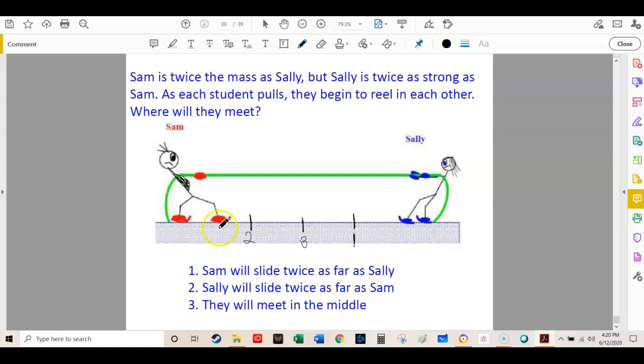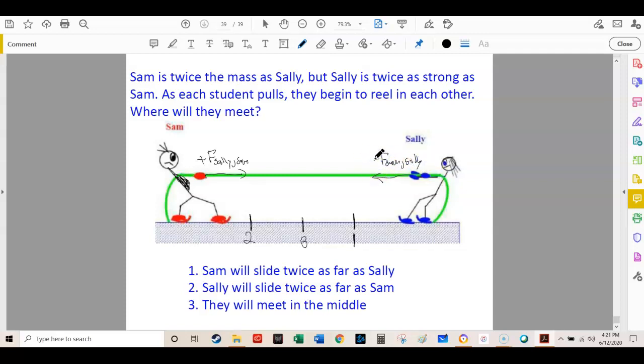Well, we're going to do the same approach that we have always done. Set the forces equal and opposite. So when he's pulling the rope, he's going to feel Sally resisting him. So Sally's going to be working on Sam, pulling him to the right. Sally is going to feel Sam pulling her towards the left.